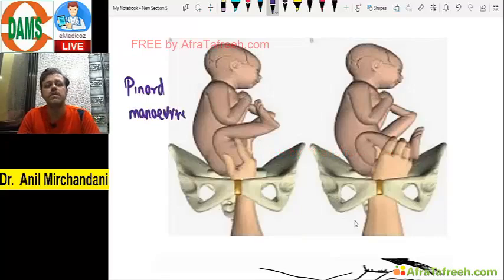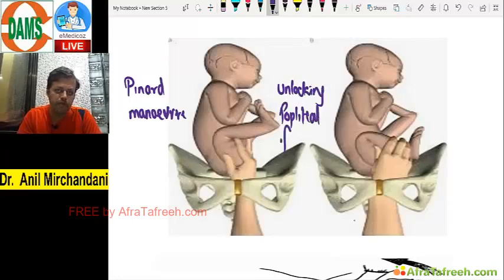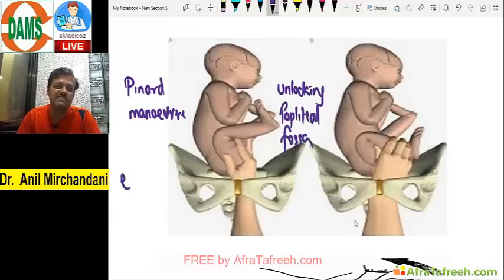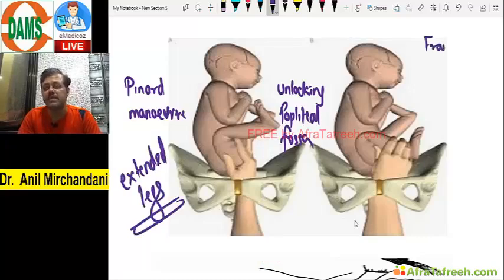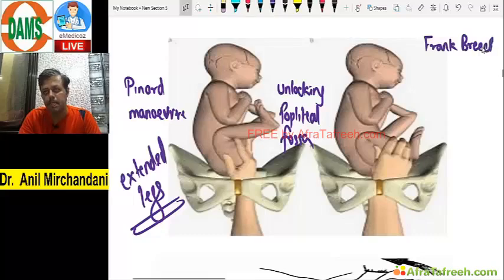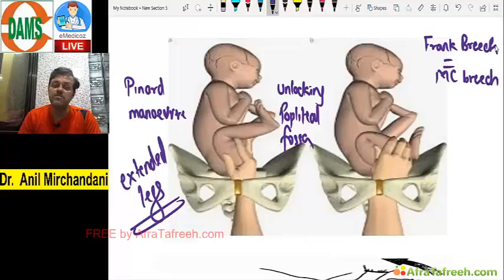Pinard maneuver is unlocking the popliteal fossa to deliver extended legs. When legs are extended, that is called a frank breech. Frank breech is the most common breech. Guys and girls, Pinard maneuver is during delivery of extended legs. That means frank breech, unlocking the popliteal fossa.